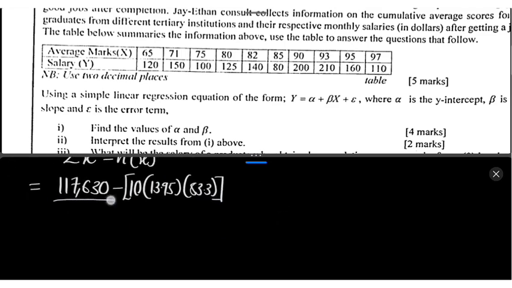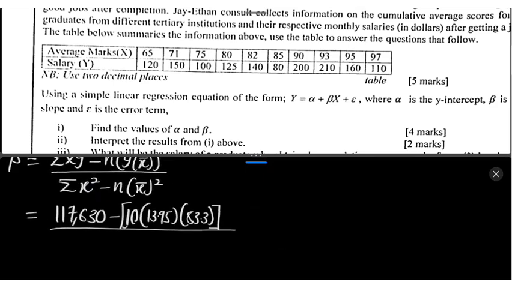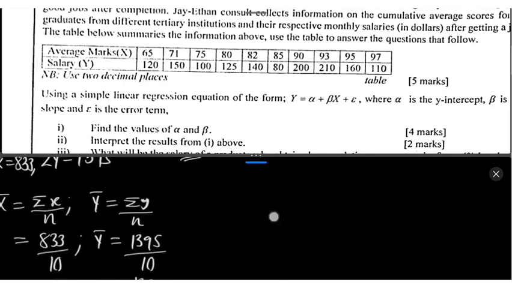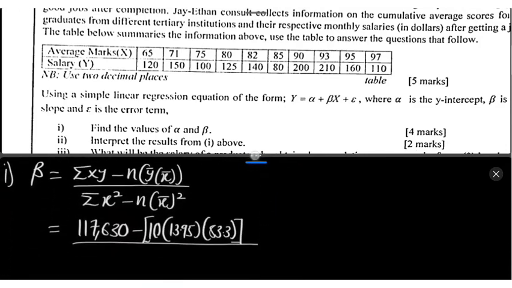After that, we divide all by summation x squared. So let's look out for our summation x squared on the table. Summation x squared on our table was 70,423.